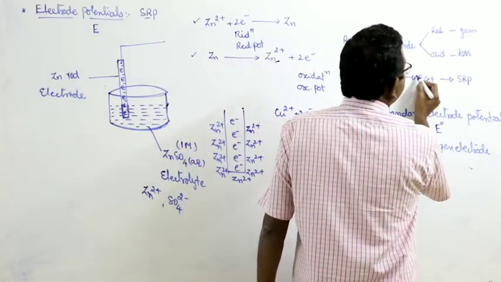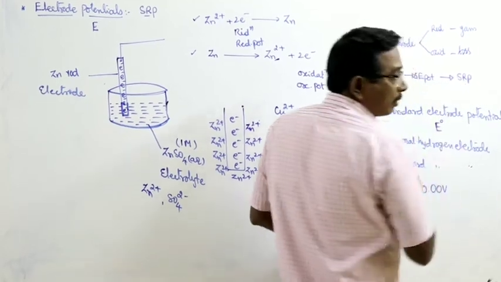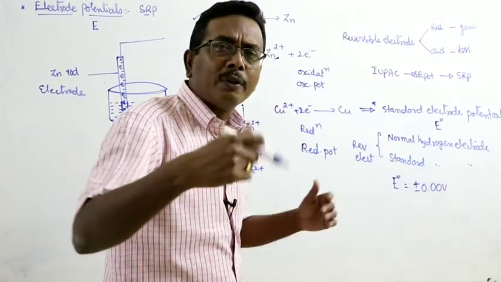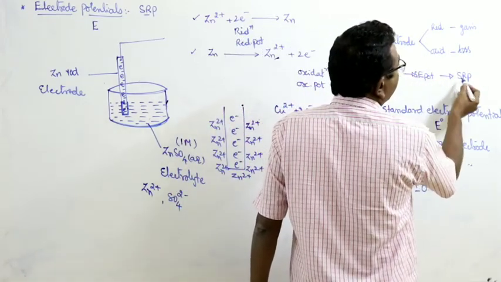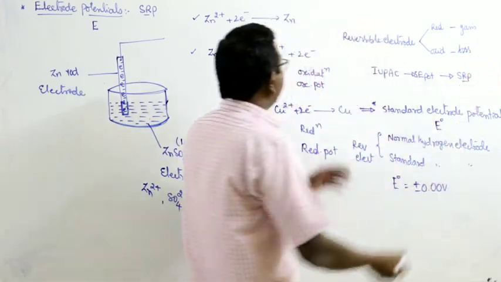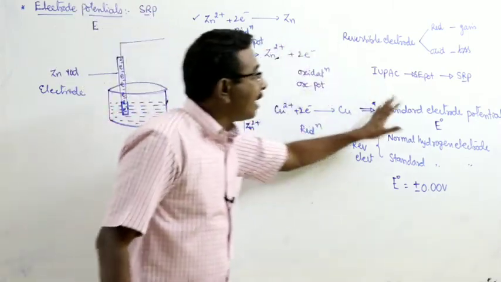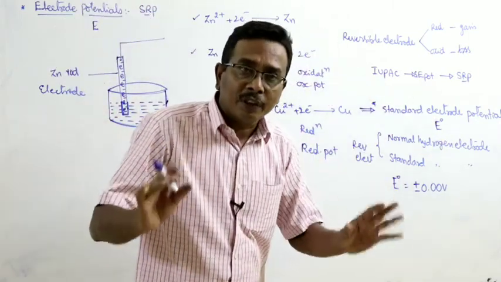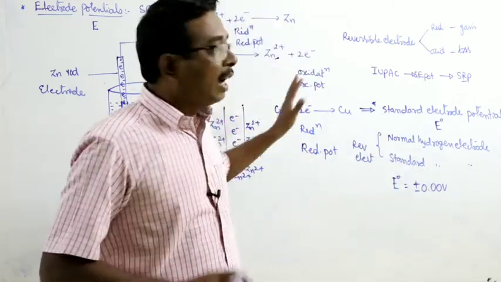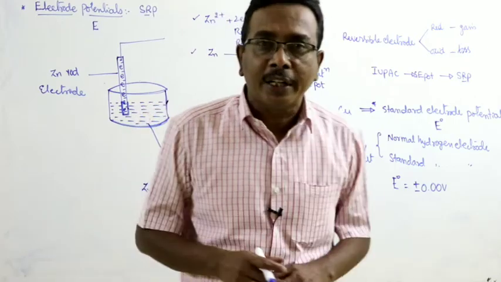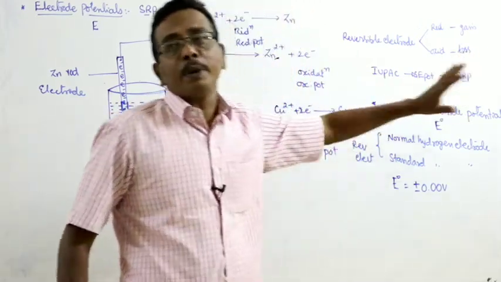The standard electrode potentials of all the elements, that may be metal, non-metal, metalloid, whatever it may be, are expressed in terms of reduction potentials. Means if the word standard electrode potential is used anywhere in electrochemistry or any part of chemistry, that is nothing but standard reduction potential.